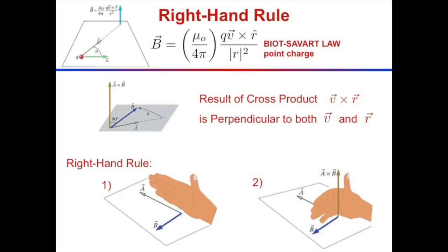Leave your arm there, and point your fingers in the direction of B, the second vector. Now stick your thumb out, and that's the direction of the cross product. So in this case, I had A, curl your fingers in the direction of B, and my thumb points in the direction of A cross B, right?